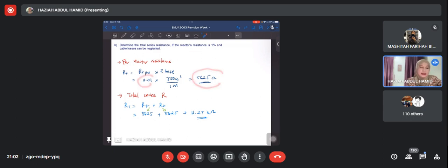Actual value is obtained by multiplying the PU value with the base value. Base value still using 750, the same base as we use for the transformer because it is series resonance circuit. So kita dapat 5625 untuk resistor for reactor. Now kita ada total series resistor contributed by transformer and reactor. 5625 and 5625 kita dapat total is 11.25 kilo ohm.